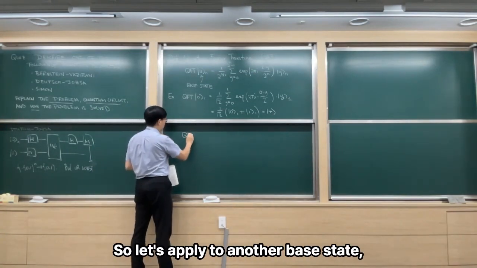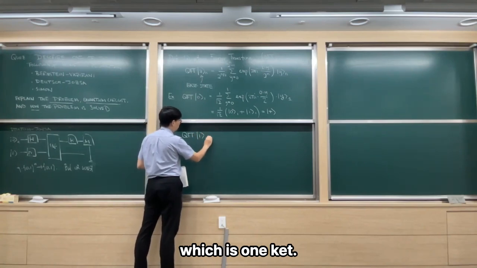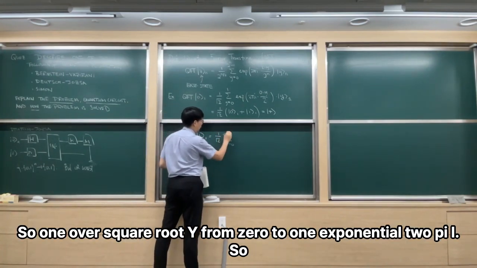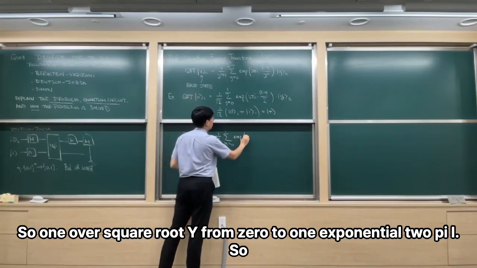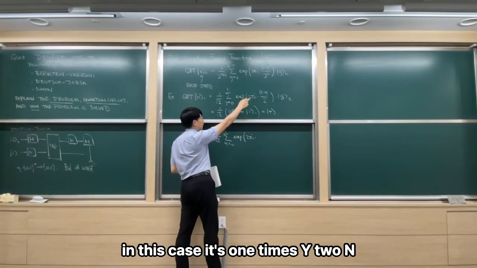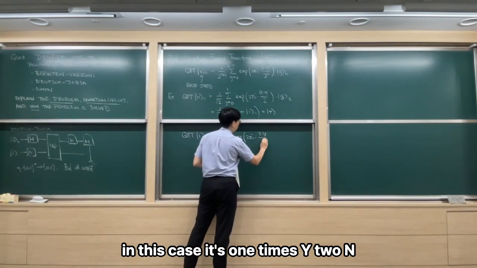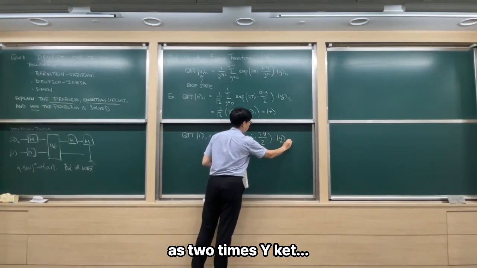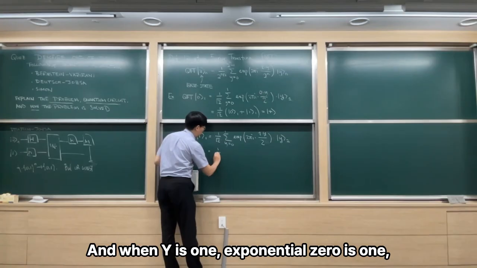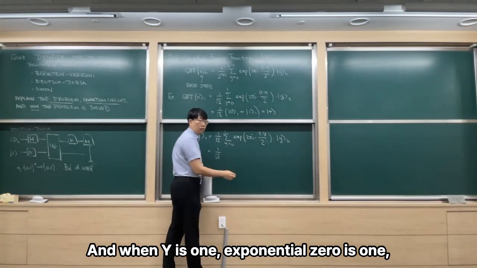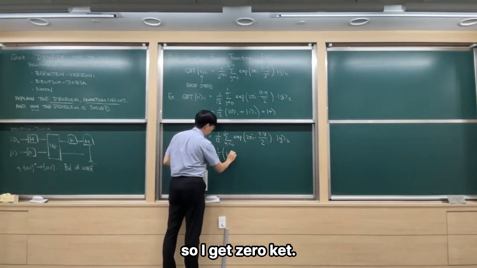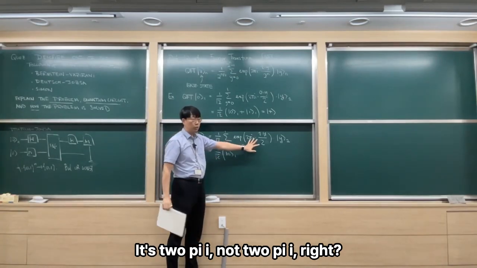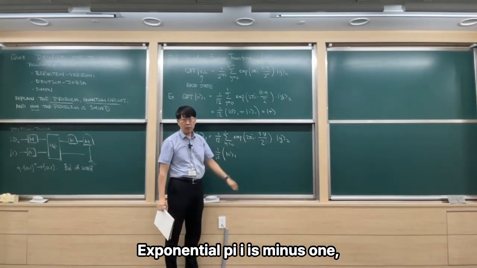Let's apply it to the other basis state, which is the 1 ket. So 1 over square root of 2, sum over y from 0 to 1 of exponential 2 pi i times 1 times y over 2, times the y ket. When y is 0, exponential 0 is 1, so I get the 0 ket. But when y is 1, what happens? It's pi i, not 2 pi i. Exponential pi i is minus 1.